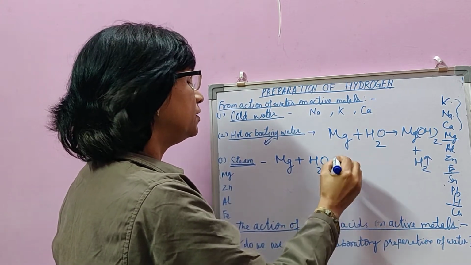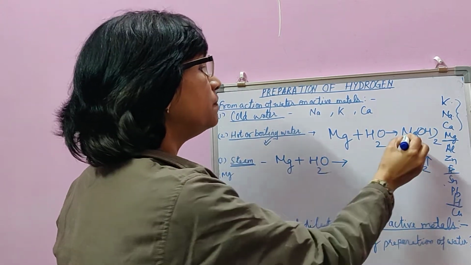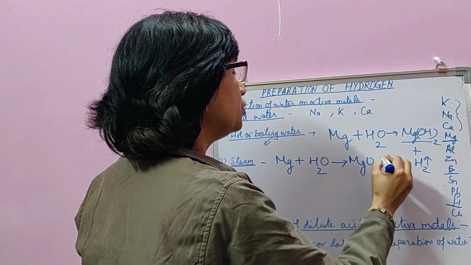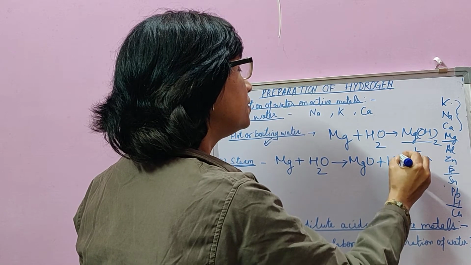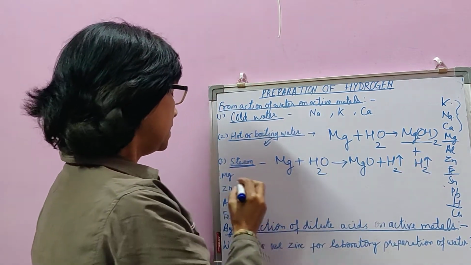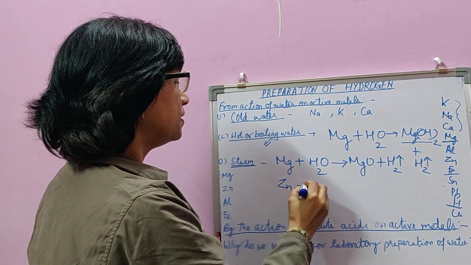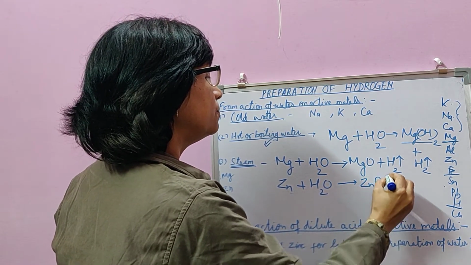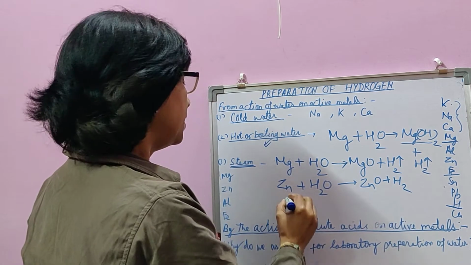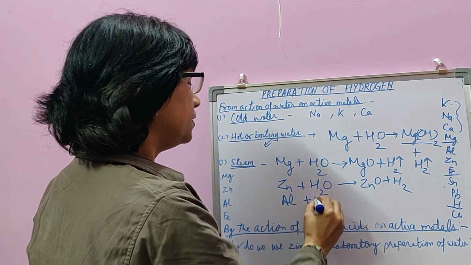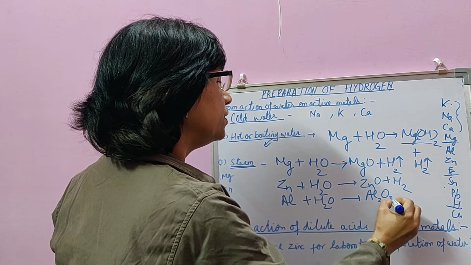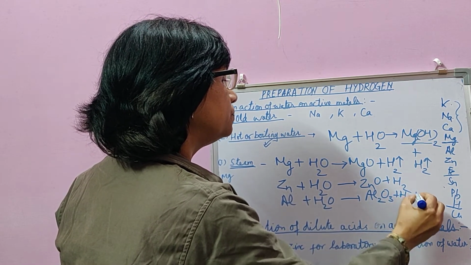But the difference is that it will not form magnesium hydroxide but will form magnesium oxide and hydrogen. Similarly with zinc, Zn plus H2O gives ZnO plus H2, then aluminium with H2O will form aluminium oxide, Al2O3, plus H2.